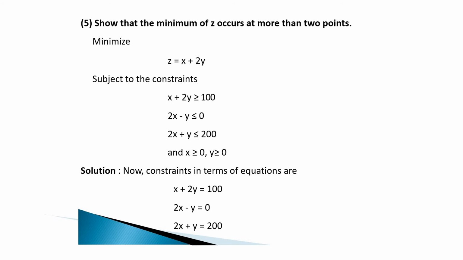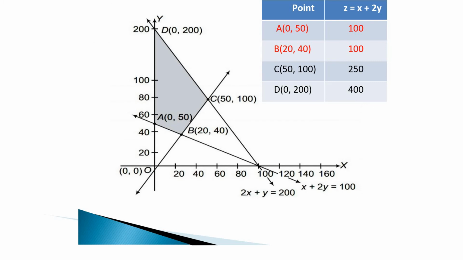So in equation form these are x plus 2y equal to 100, 2x minus y equal to 0, and 2x plus y equal to 200. Let us plot all these three equations. So here we have, and gray shaded region is our feasible region.